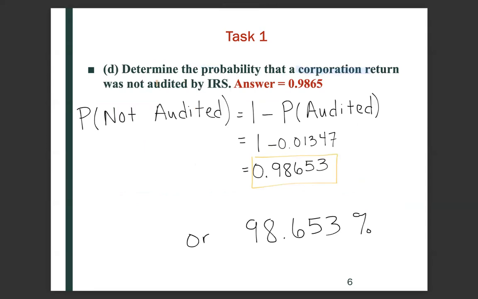Part D, determine the probability that a corporation return was not audited by the IRS. So here we're going to do the same type of thing where we just found the answer of the probability that it was audited for corporation. So we can use the complement. Since we're looking for the probability that it was not audited, we can take 1 minus the probability that it was audited.